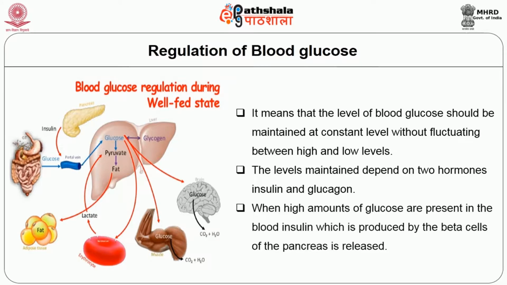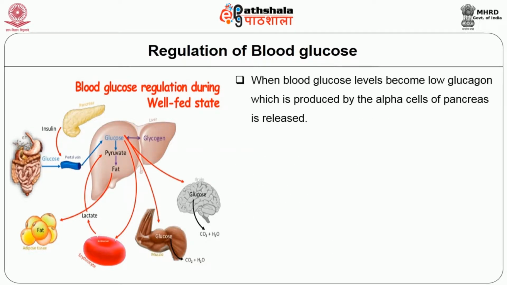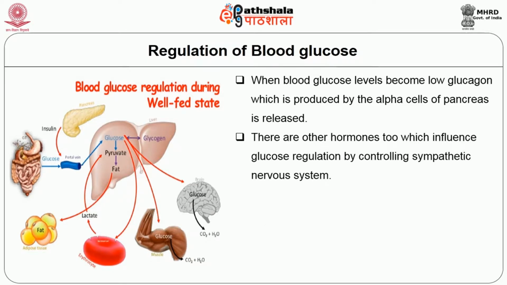When high amounts of glucose are present in the blood, insulin, which is produced by the beta cells of the pancreas, is released. When blood glucose levels become low, glucagon, which is produced by the alpha cells of pancreas, is released. There are other hormones too which influence glucose regulation by controlling the sympathetic nervous system.